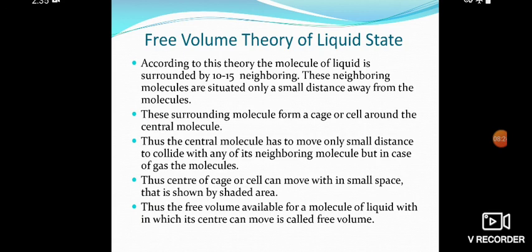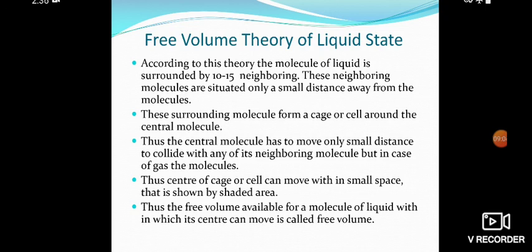The second theory is the free volume theory of the liquid state. According to this theory, a molecule of liquid is surrounded by 10 to 15 neighboring molecules. These neighboring molecules are situated only a small distance away from the molecule. These surrounding molecules form a cage or cell around the central molecule.